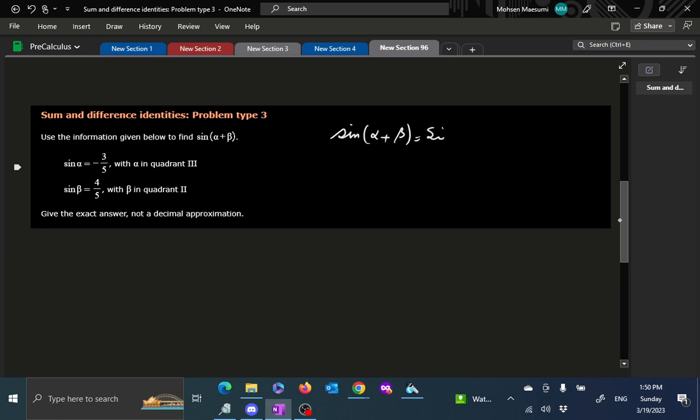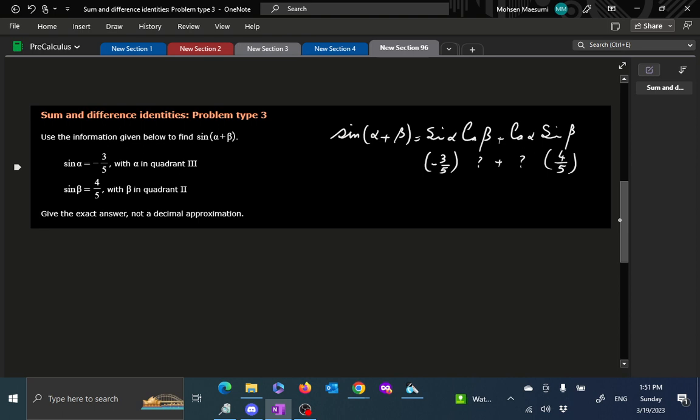Remember that it is sine of alpha cosine of beta plus cosine of alpha sine of beta. So we want to get this information and put it here. I already know what sine of alpha is, so this much I know, minus 3/5, and I know sine of beta, that one is 4/5. I have to find out these two values and I'll be done.